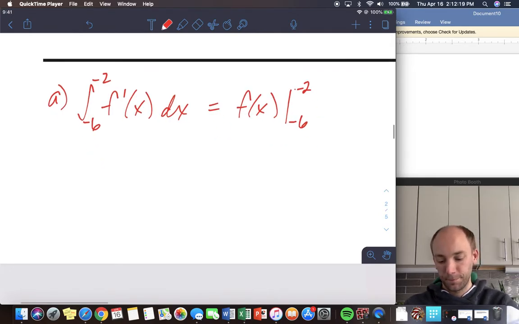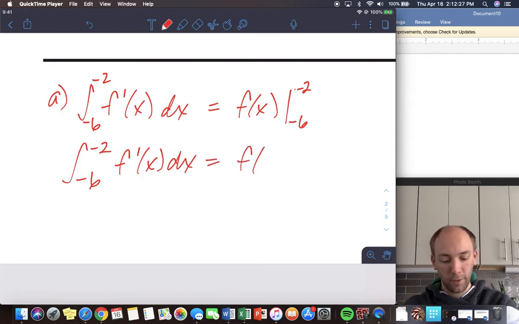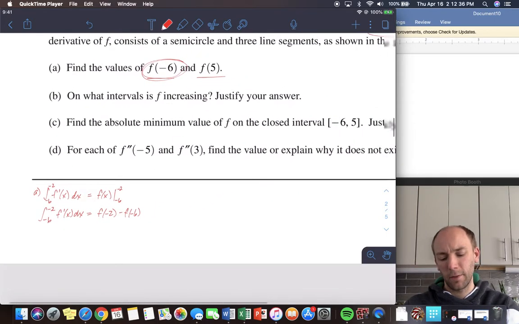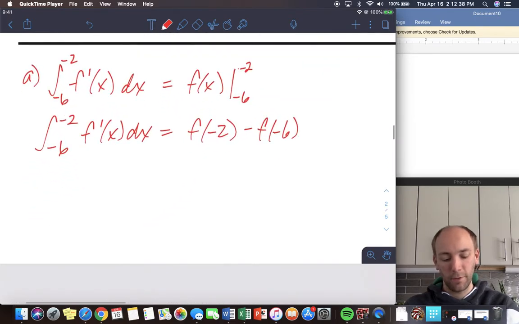Let's keep going with this line here. The integral from -6 to -2 of f prime of x dx equals f of -2 minus f of -6. What are we trying to solve for? That's the better question: we're trying to solve for f of -6.